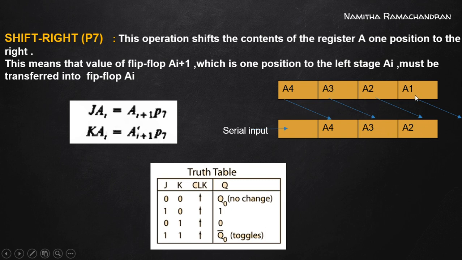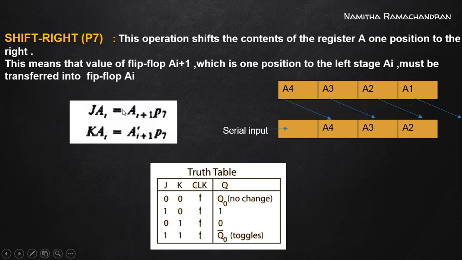A2, or this first position in the next state, is holding the value from the second position in the previous state. That is given by this expression. But the K input is set as the complemented form of AI plus 1 and P7.